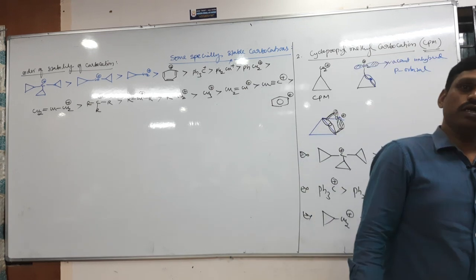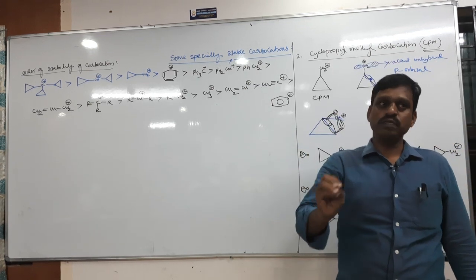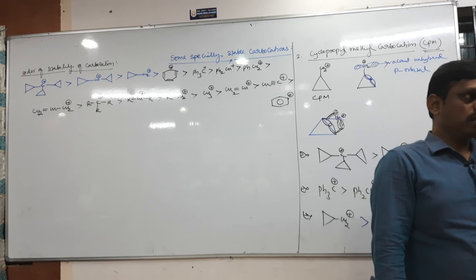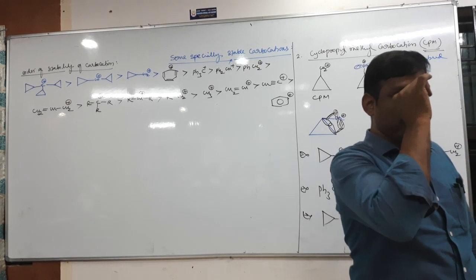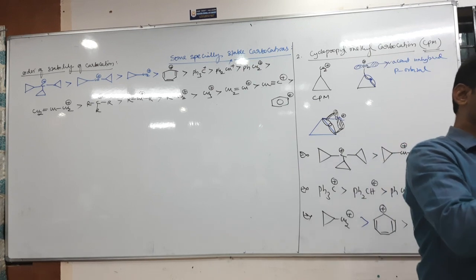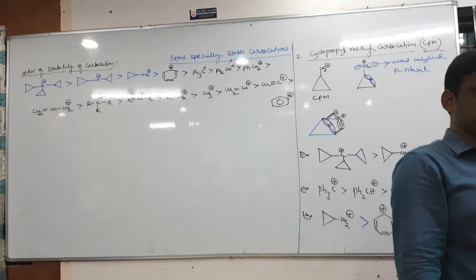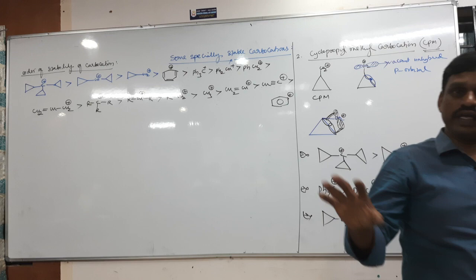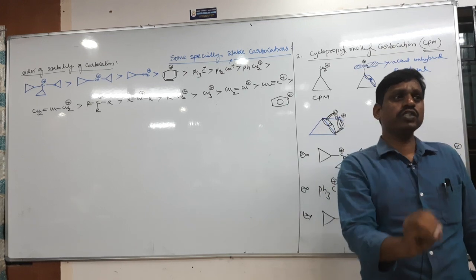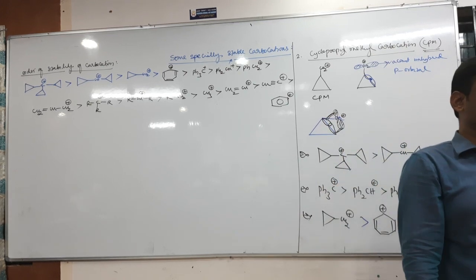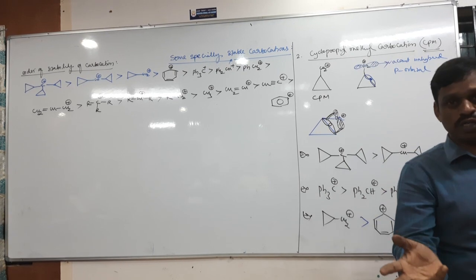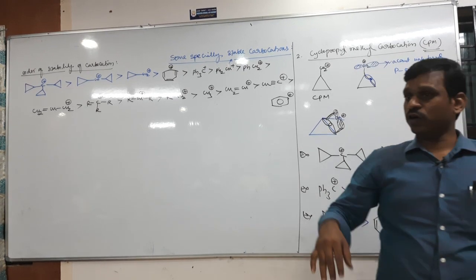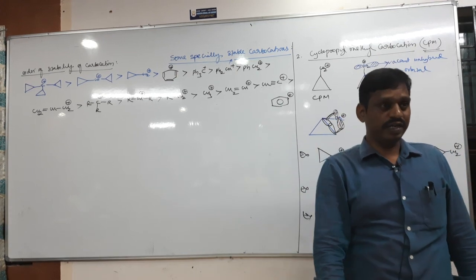The majority of questions come based on stability. In all reaction intermediates, 90% of questions are based on the stability of intermediates, whether carbocation, carbanion or free radical. There are very few questions based on concepts other than stability. That's what you should focus on: which is more stable, which is less stable, which has the highest or least stability.